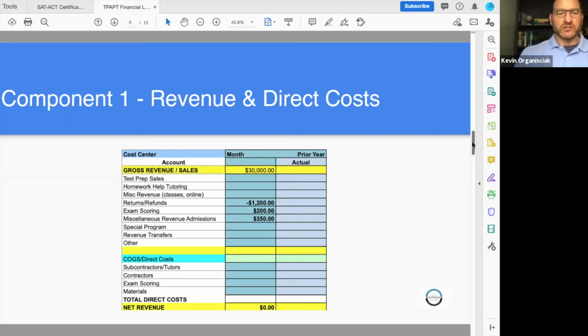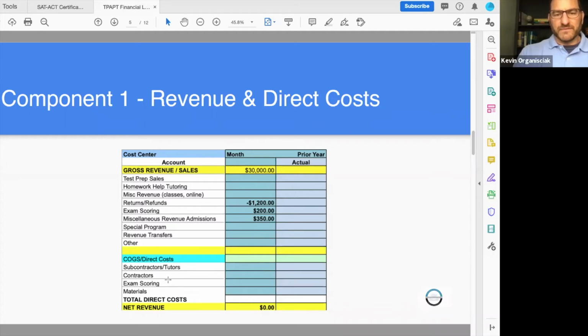You have that contra revenue account that I mentioned right here, which is represented as negative revenue. And then you have a couple of other contributing revenue streams, exam scoring and admissions, like college admissions. So those things are here.